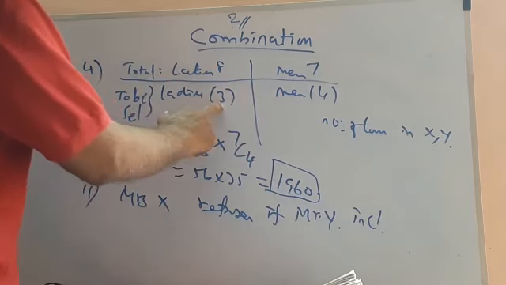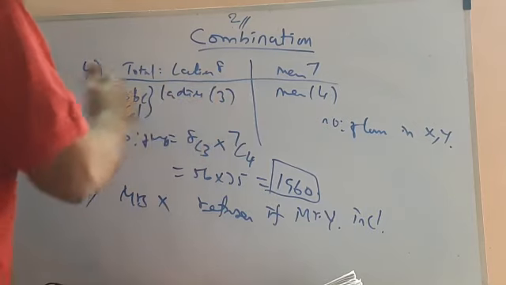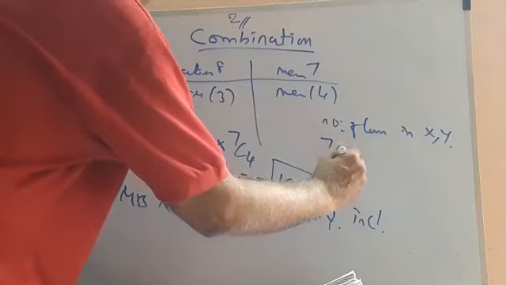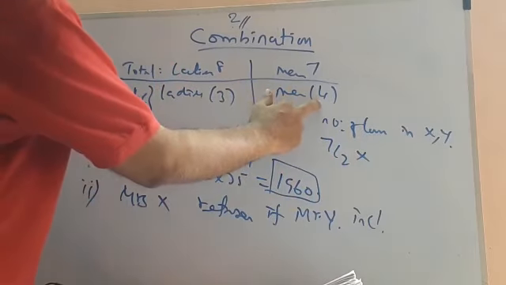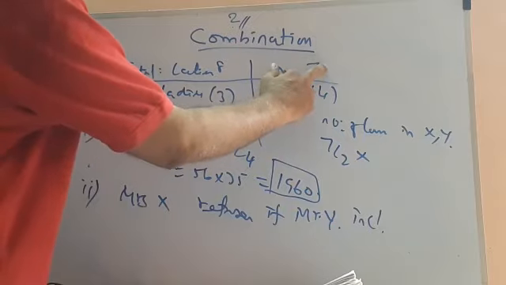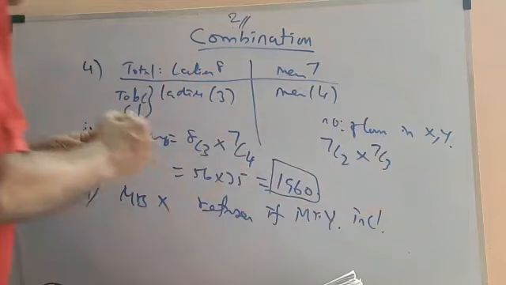Since X is included already, we have to select only 2 ladies from the remaining 7 ladies in 7C2 ways. Like that, since Y is included, from the remaining 6 men, I have to select 3 men in 6C3 ways.